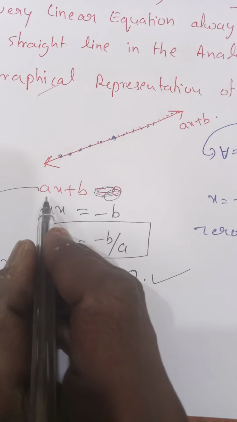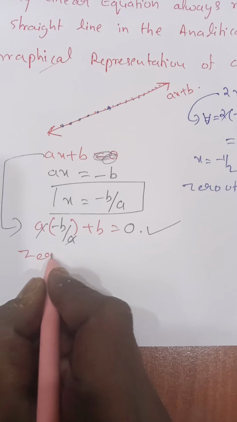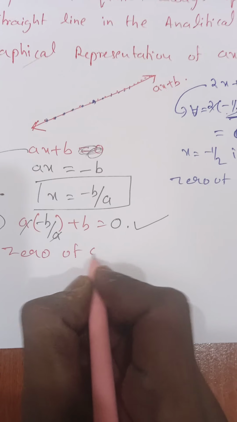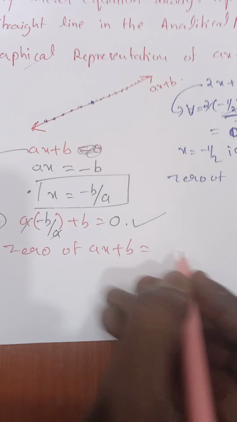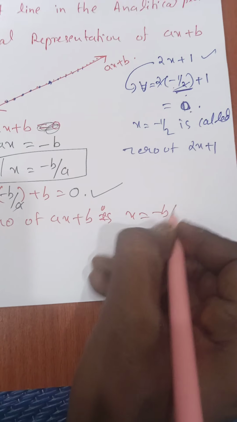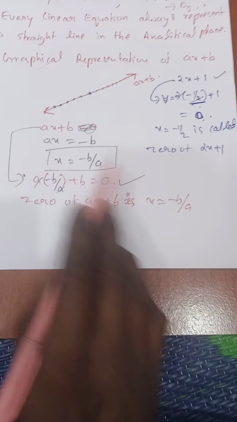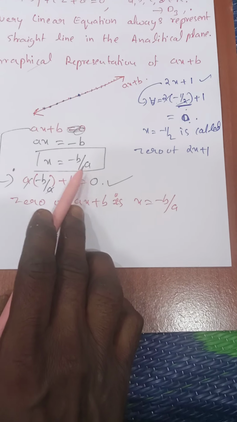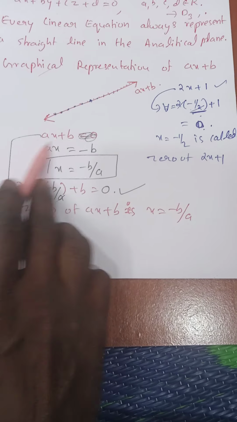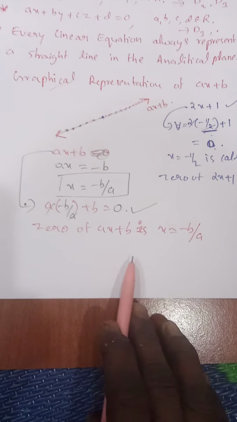It is the zero of this polynomial because if I write in the place of x equal to minus b by a, the value of this polynomial becomes 0. So you need to remember.